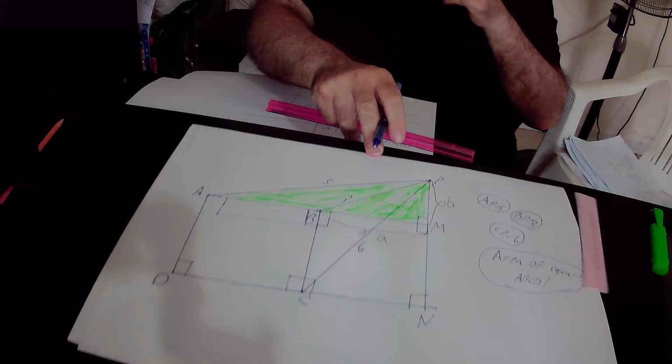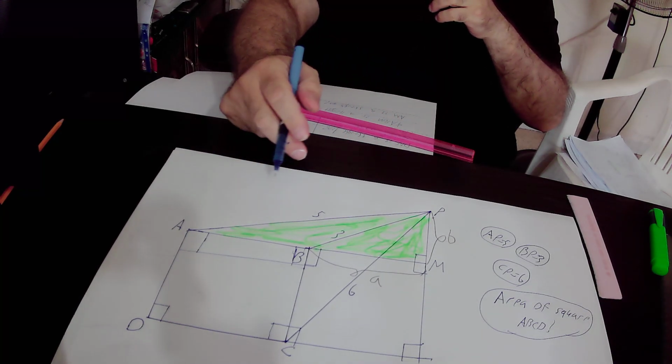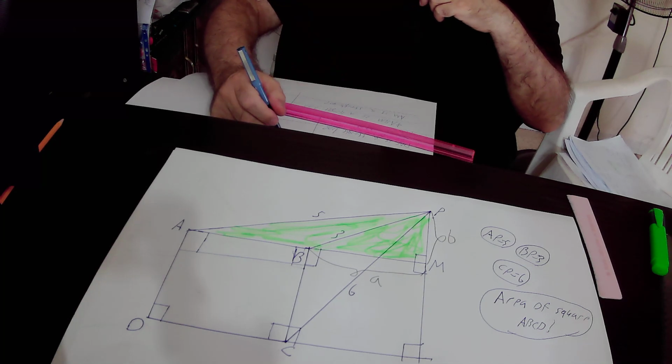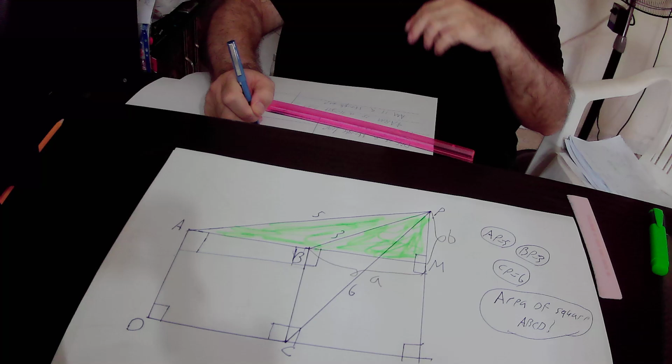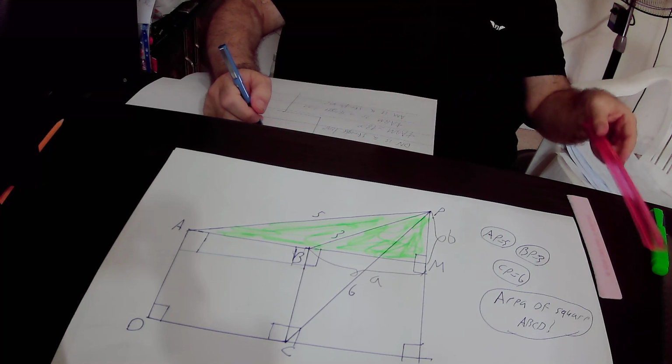The hypotenuse is AP, therefore the square of the hypotenuse is AP squared. And it must be equal to the sum of the squares of the perpendiculars.